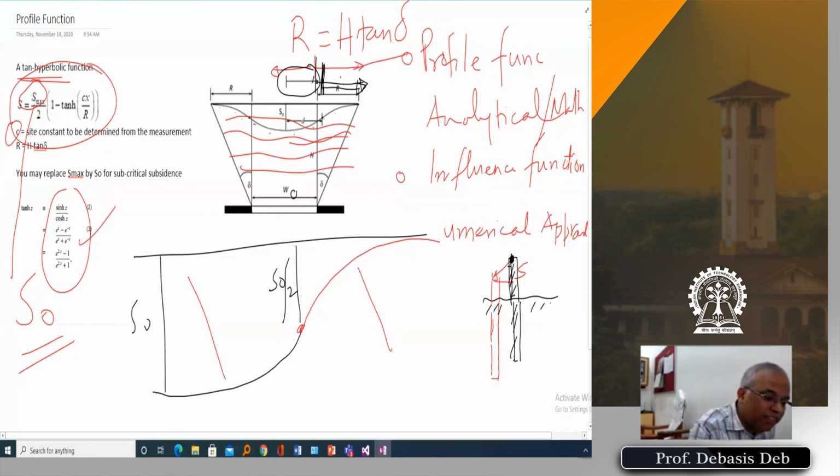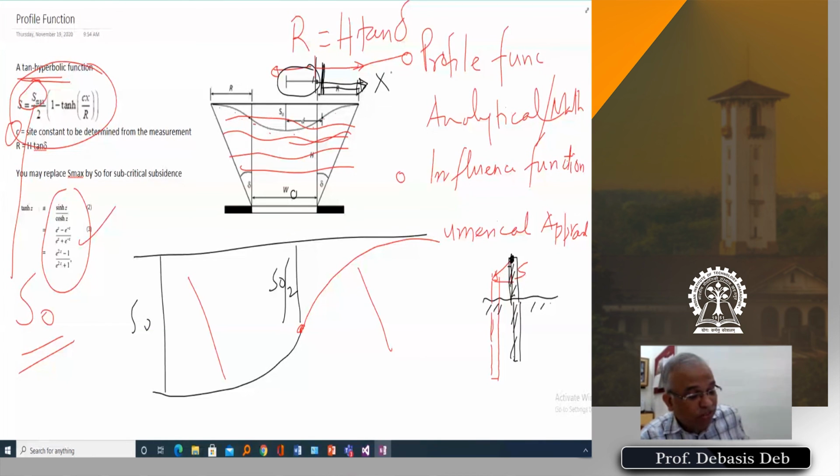Then if you are going towards positive X, this tanh value is positive and it will go towards 1 at infinity, though we will definitely not go to infinity. So we'll stop somewhere with some 5% error and assume that it becomes 1.